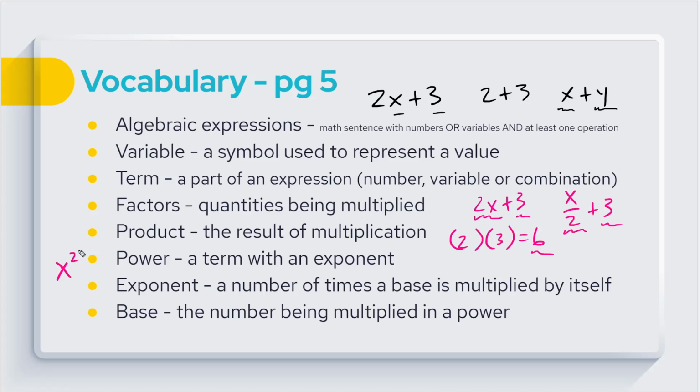The exponent is this right here. The base is this number here. So the exponent is the number of times that a base is going to be multiplied by itself. You can think of this as x times x. That is x squared. You're multiplying x by itself 2 times. So the exponent is 2. The base, the thing that you're multiplying, is x.